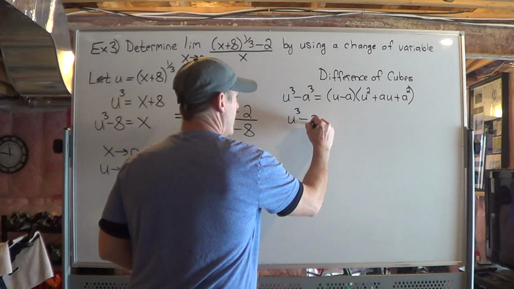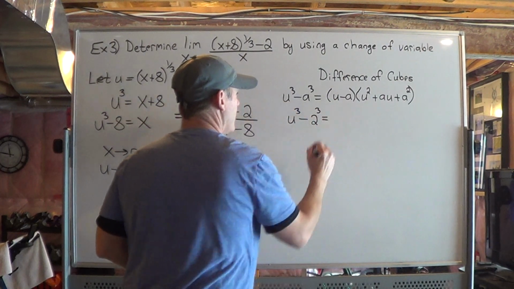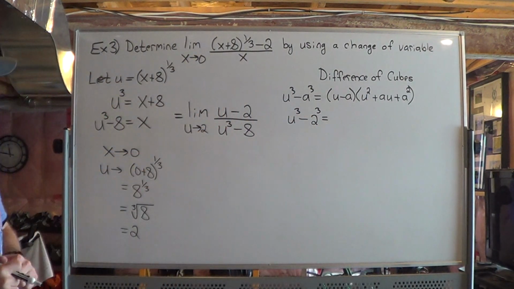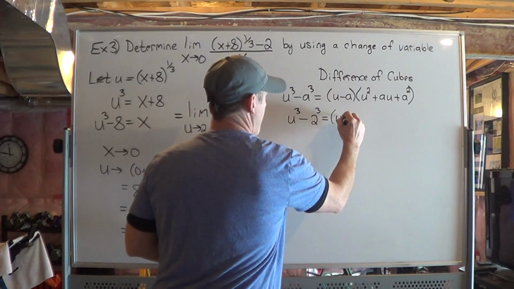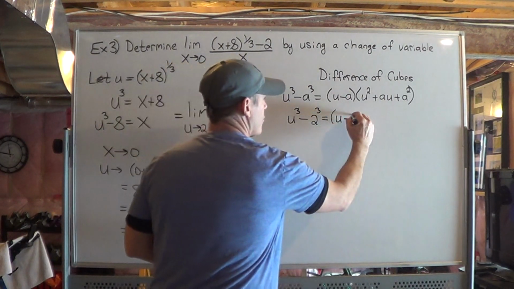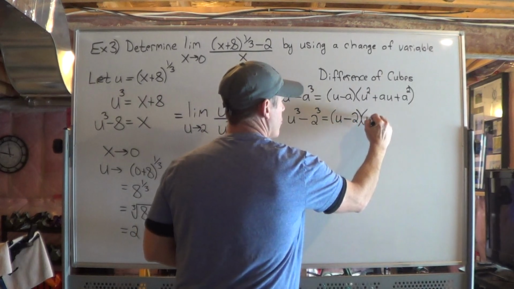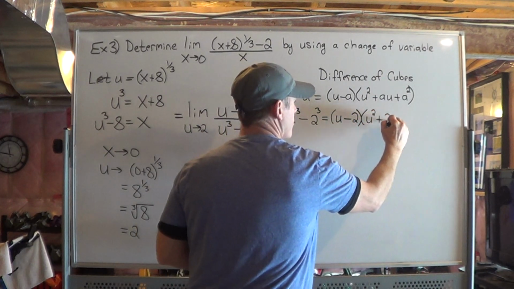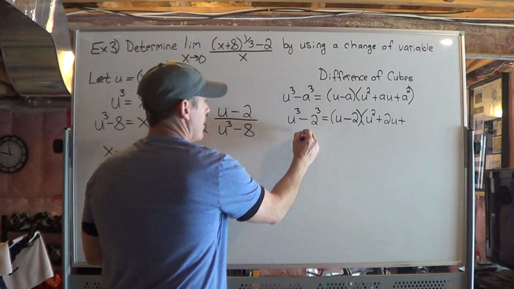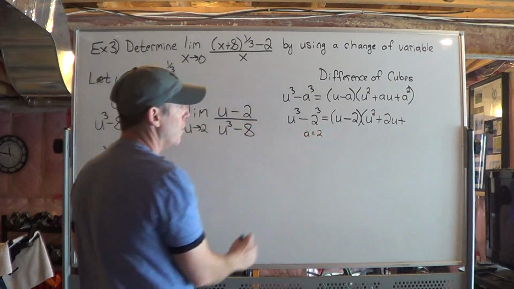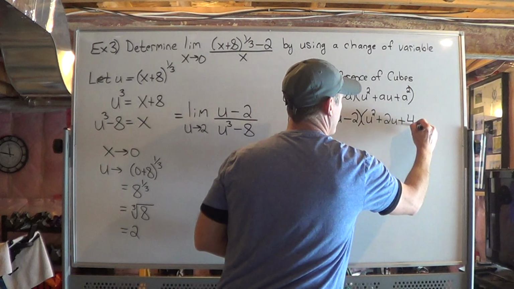So a would actually be 2 cubed. And so I'm going to rewrite my denominator as u minus my a value, which is 2, times u squared plus 2 times u plus a squared, which again, my a this time is 2, so 2 squared is 4.